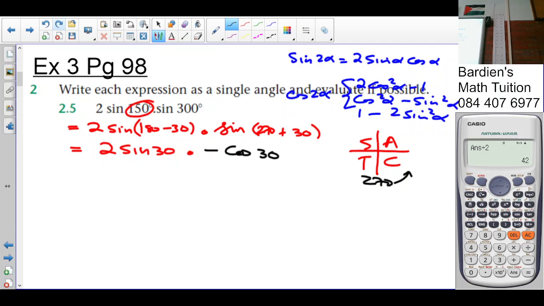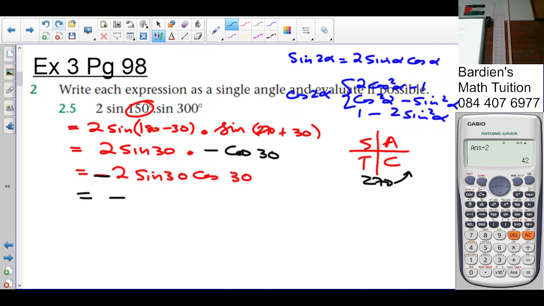So what do you notice now? That is going to be negative 2 sine 30 cos 30. Is that not 2 sine alpha cos alpha? Yes? So this negative on the outside is that negative.